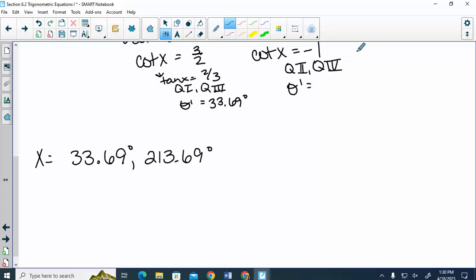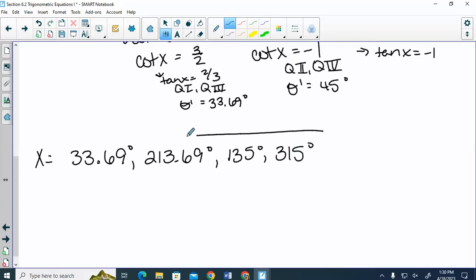If cotangent is -1, that means tangent, the reciprocal, is also -1. So when is tangent 1? 45 degrees. So 45 degrees in quadrant 2. So 180 minus 45 is 135. In quadrant 4, 360 minus 45 is 315.